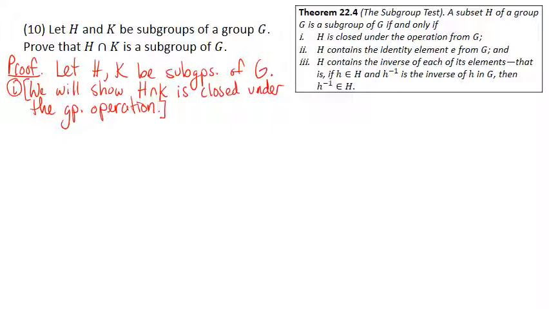So in order to do what I just said, we're going to let, let's call them A and B, be elements of H intersect K. So what do we get from that?